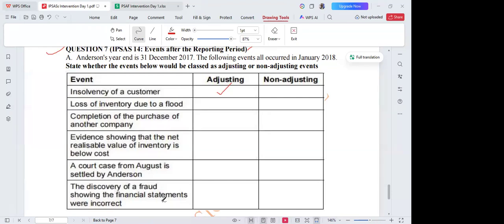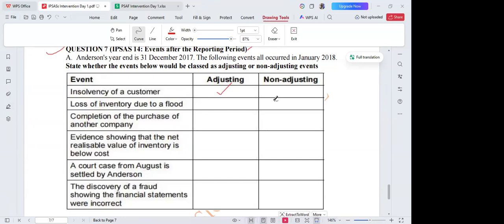Because if we lost inventory due to flood, and at the end of the year we've already counted the total clothing, we are going to overstate our inventory, so you have to adjust it to the right inventory that we have. Okay, so that's your thoughts.